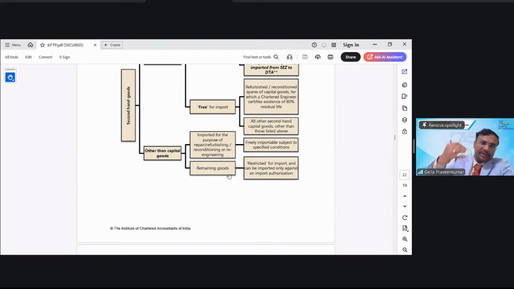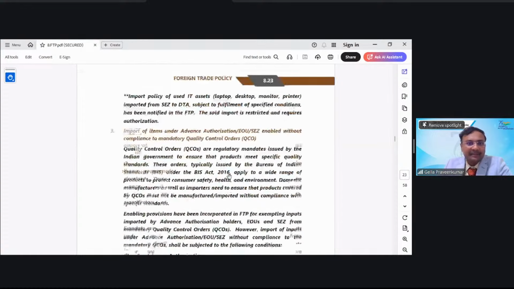So goods which come into India, I repair, I refurbish, recondition, and then send back. Okay. If not, they say no. Get a prior authorization, then only get those goods into India.